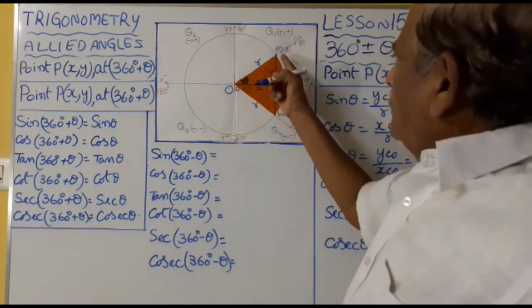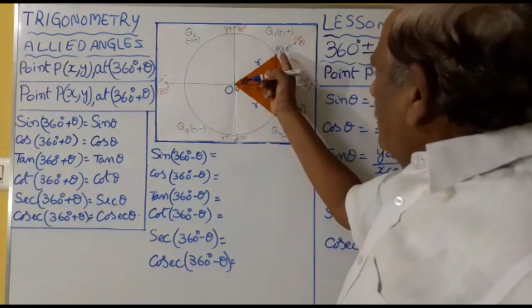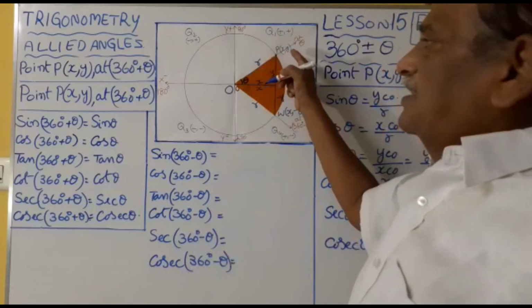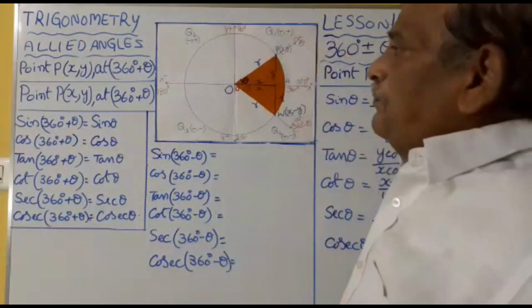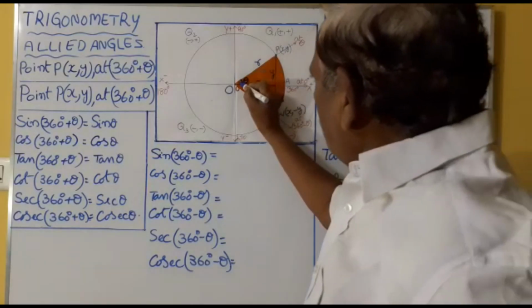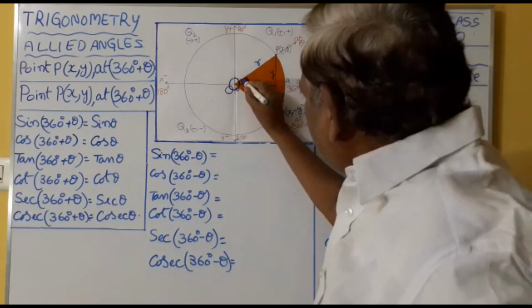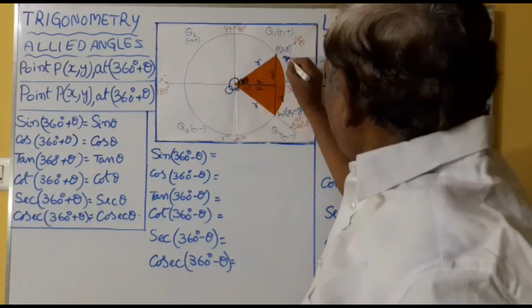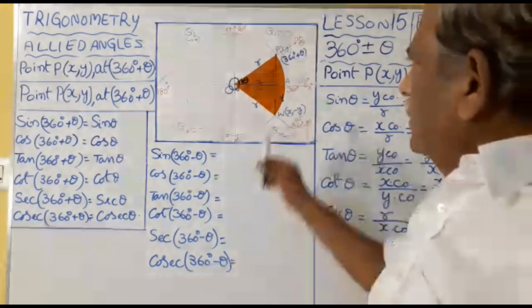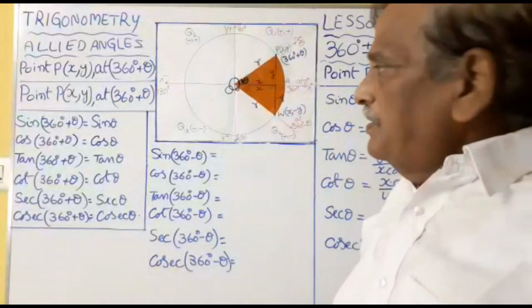So, since the point P again enters into Q1, the coordinates of P do not change. They remain as they are. So, the point P is at an angle of this complete 360 degrees plus this theta. Therefore, P is at an angle of 360 degrees plus theta.